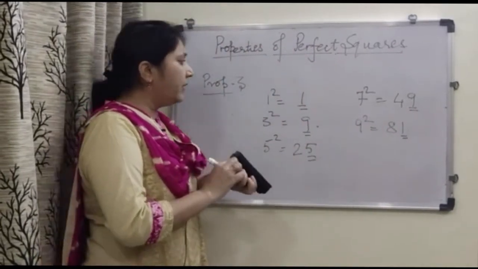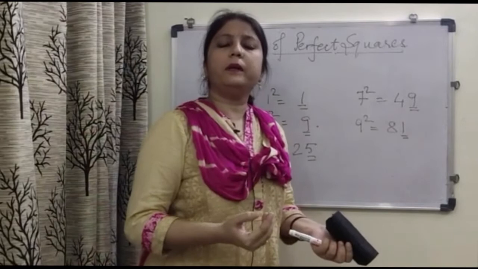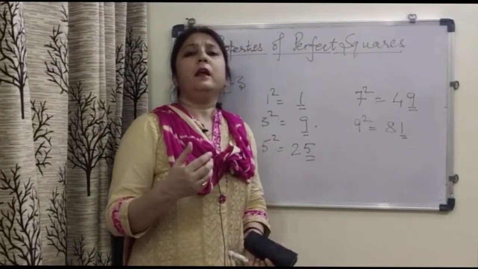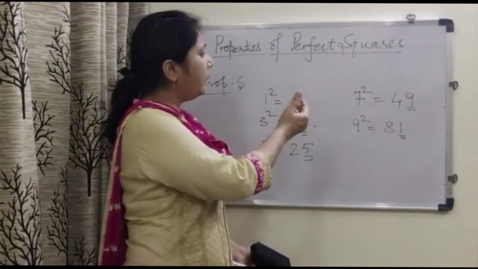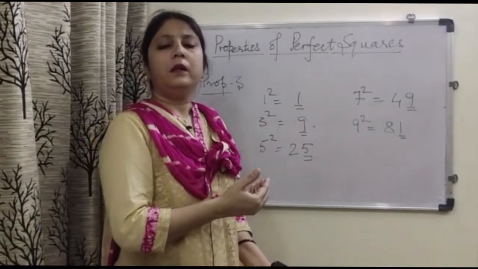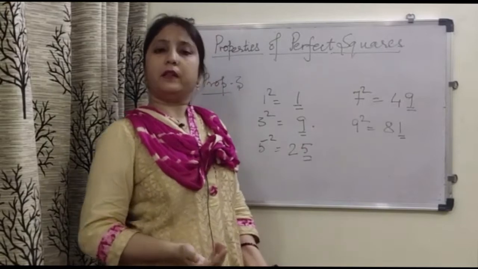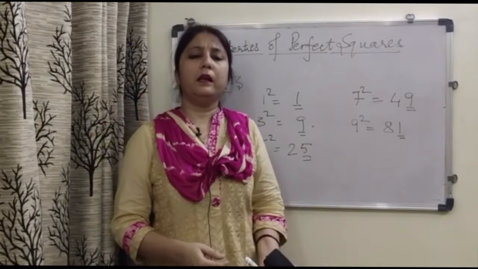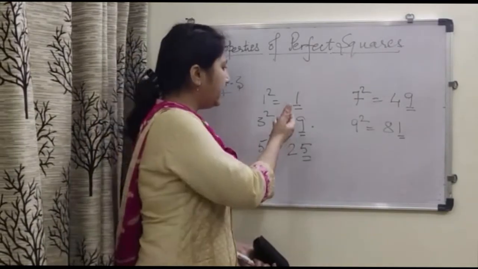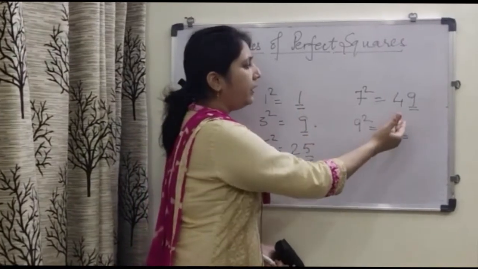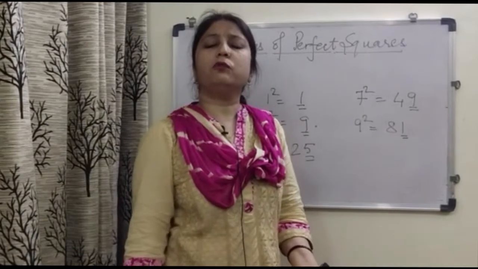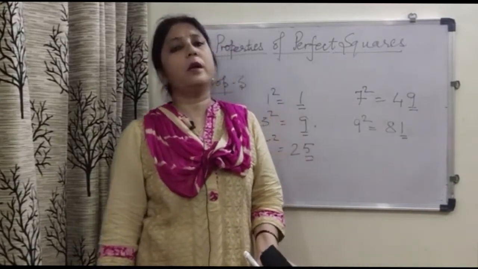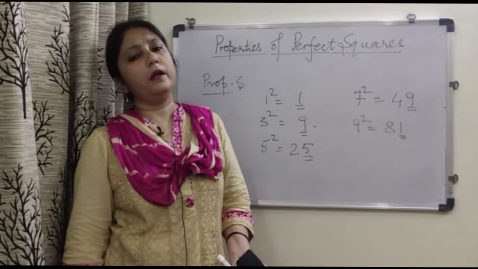So from this part only we have concluded, because if a number is odd, it needs to end with 1, 3, 5, 7, 9 only. So if it is ending with 1, 3, 5, 7, 9, its unit place will definitely be either 1, 9, 5, 9 or 1. That means an odd number. So the square of an odd number is always an odd number.